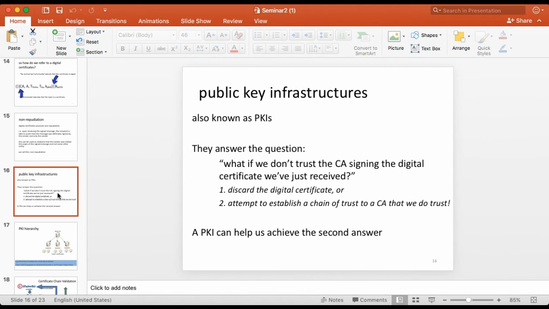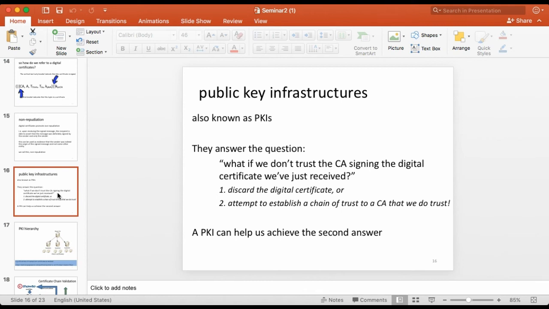Now, there are two options for us. First of all, we don't trust it, and then we discard the original certificate that was linking Alice with her public key. That's one option. The other option would be no, we would like to move yet another layer upwards and try to establish some kind of trust for the certification authority itself.